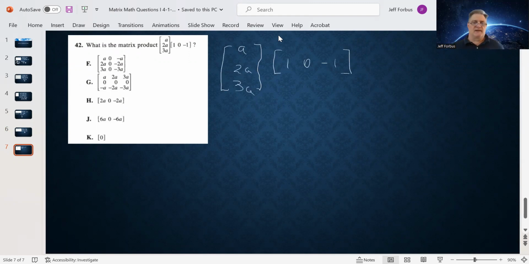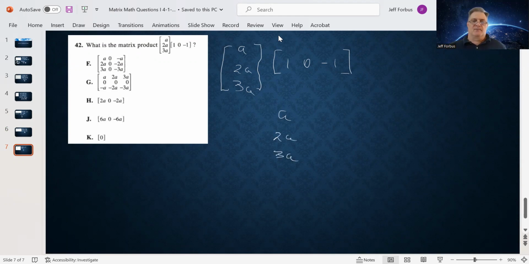So we have a column times a row. Just think of it like this. Take the column, and it's like a machine going over each number. So we're going to multiply each value in the column times 1 in the row. So we're going to do A times 1, A, 2A times 1, 2A, 3A times 1, 3A.